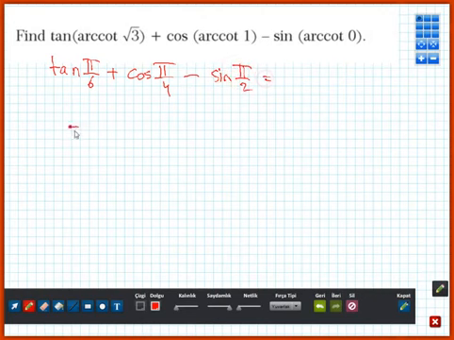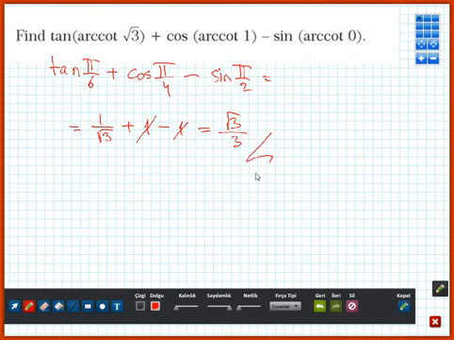Okay, the result: tangent pi over 6 is 1 over root 3, plus this one is 1, and minus this one is what? 1. 1 minus 1 is 0, and the result will be root 3 over 3.